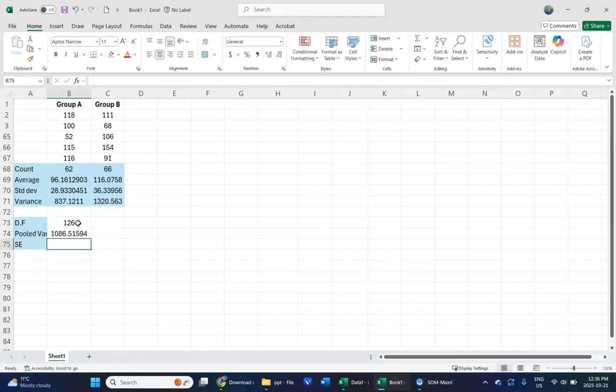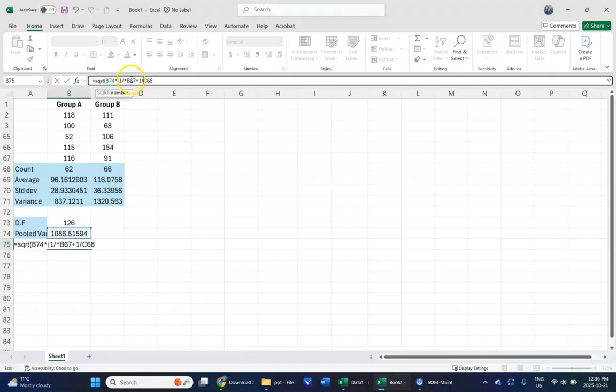We need that in order to calculate the standard error. The standard error formula is the square root of the pooled variance times, in brackets, 1 over the sample size plus 1 over the other sample size. Let's just make sure I got that formula right.